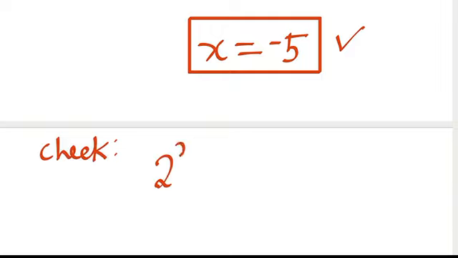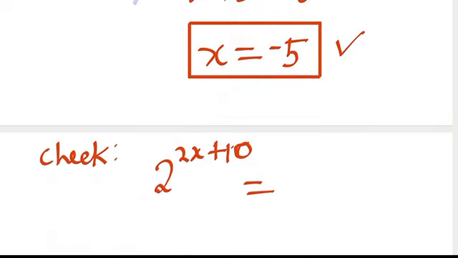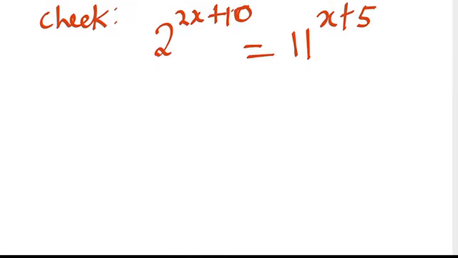We have 2 to the power of 2x plus 10, which is equal to 11 to the power of x plus 5. We want to check. So now from there, we got x to be minus 5.